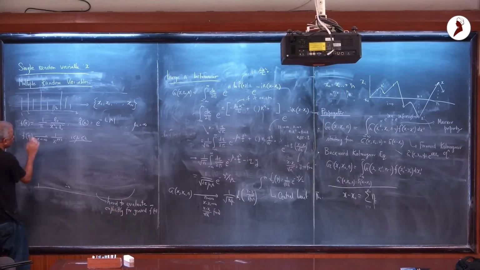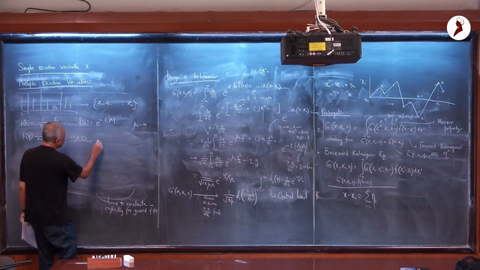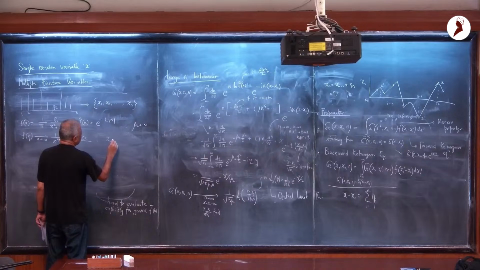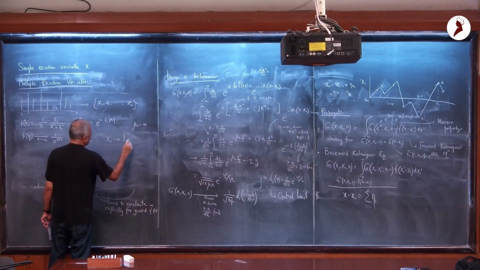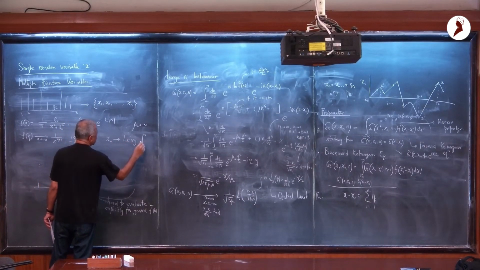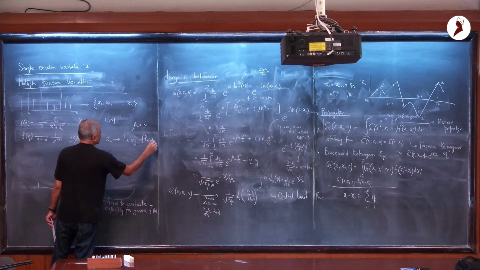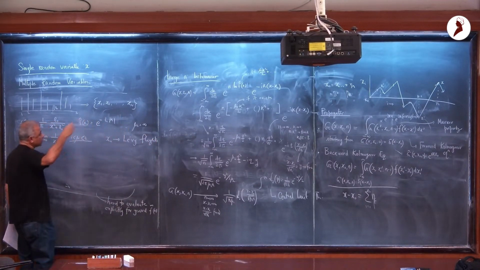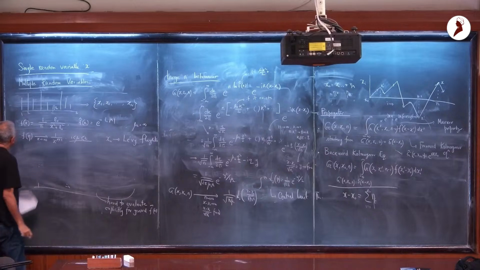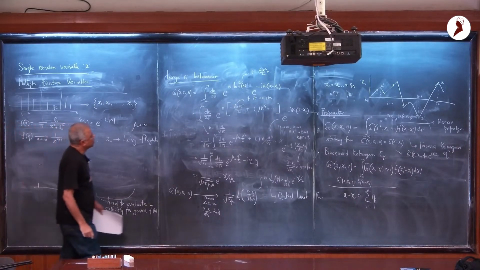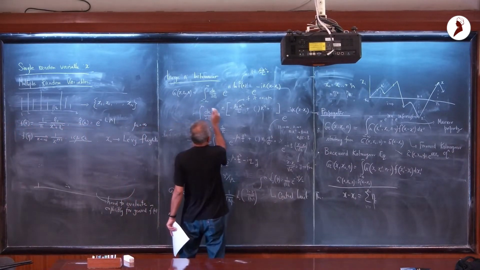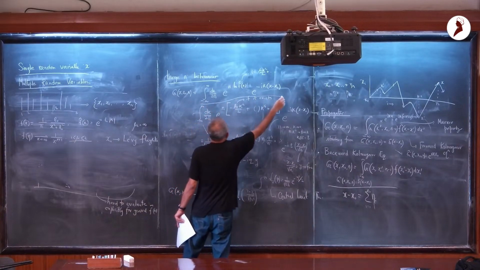So if your noise is distributed like that, then the position xn, as I said in my last lecture, these are called Levy flights. That means you are making very, very big jumps each step. So in that case, I have to analyze the same object here.